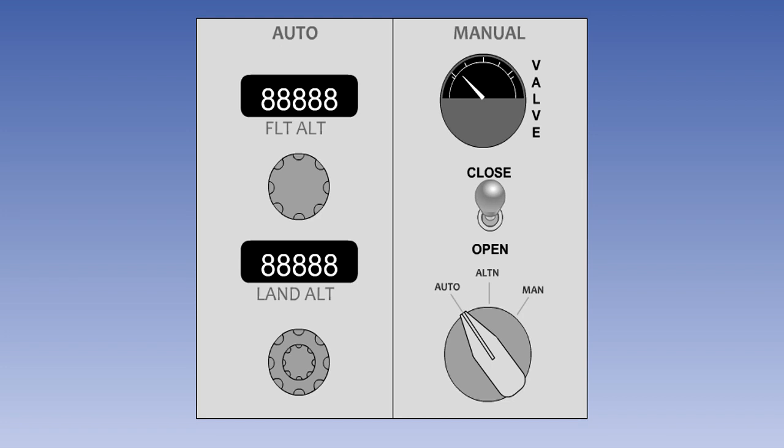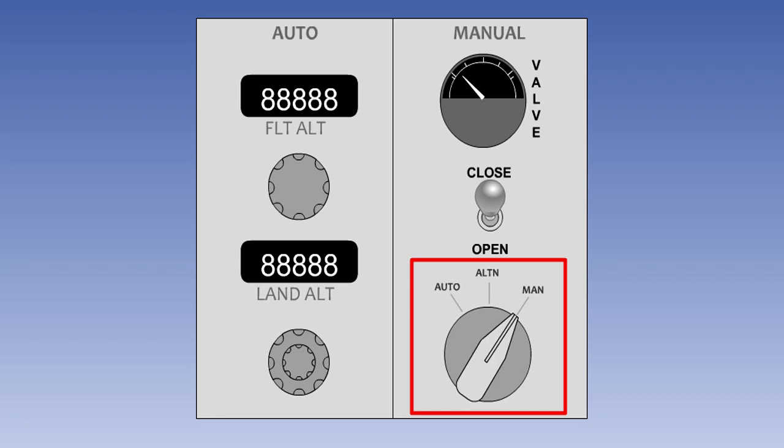The cabin pressurization control panel is remote from the pressurization controller and will generally be fitted in the overhead panel on the flight deck. The control panel may have rotary knobs for the pilot to set the expected cruise altitude and the elevation of the landing airport. In a typical system, there are 3 modes of operation: auto, alternate, and manual.